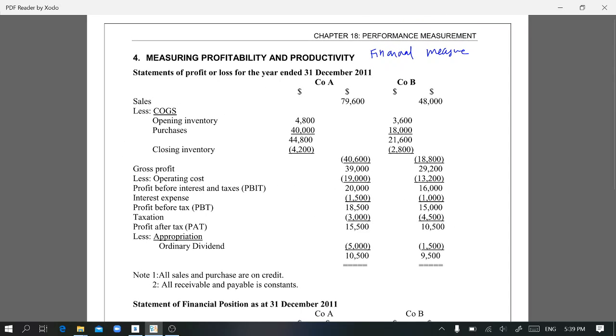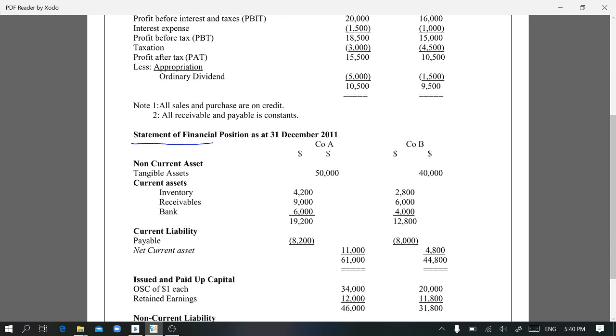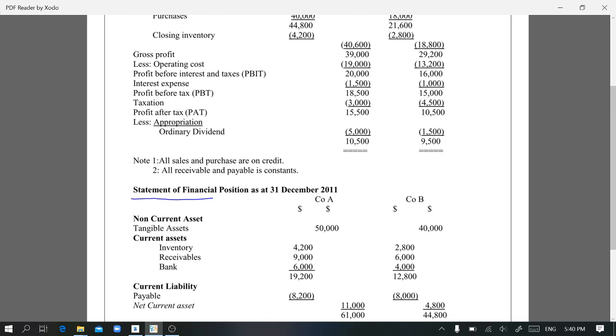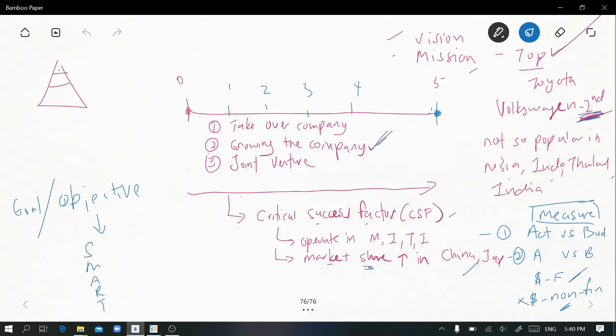So this is the company's SPL and this is the company's SFP. We have profitability, gross profit margin. Gross profit margin will be gross profit over sales times 100%.